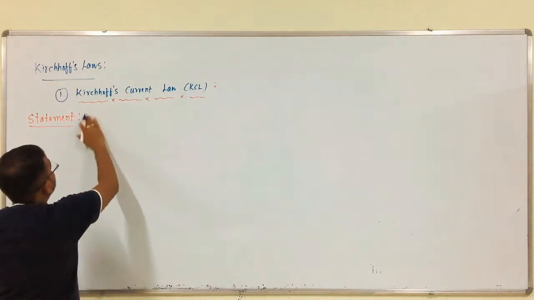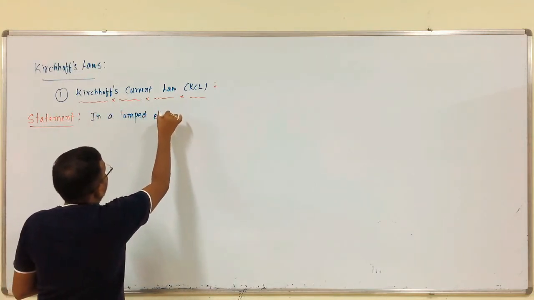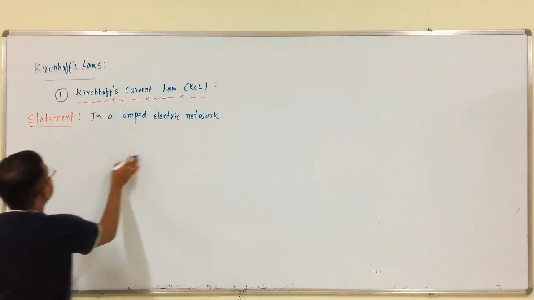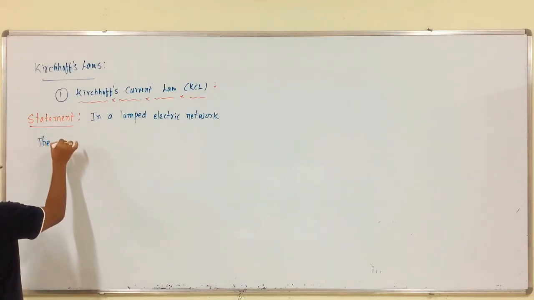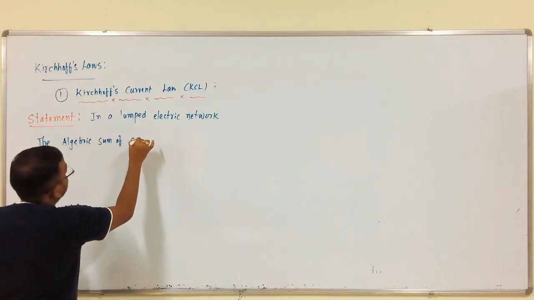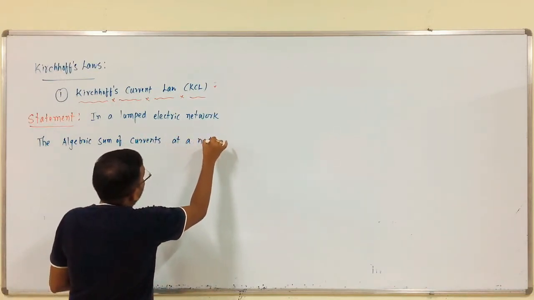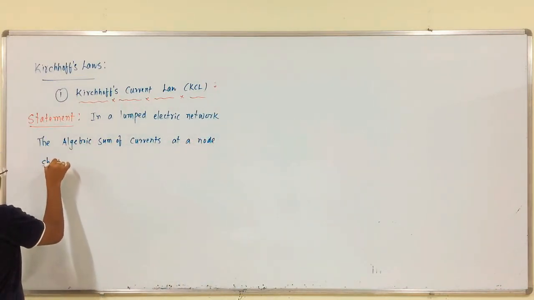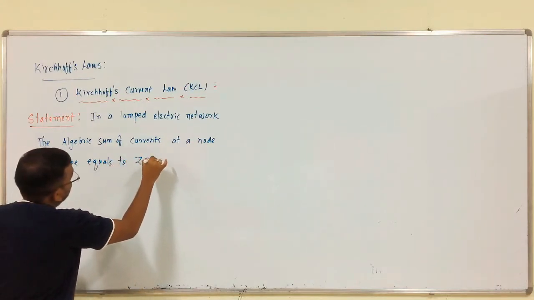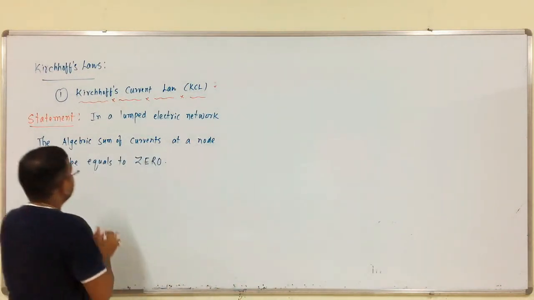That is, in a lumped electric network, the algebraic sum of currents at a node should be equal to 0.